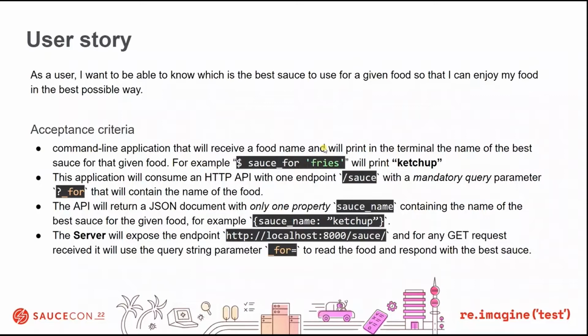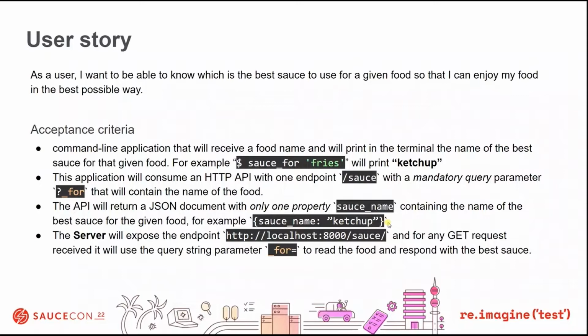This application will consume an HTTP API with one endpoint, /sauce, with a mandatory query parameter, f, that will contain the name of the food. The API will return a JSON document with only one property, sauceName, containing the name of the best sauce for the given food. For example, this is the example JSON: sauceName with ketchup.